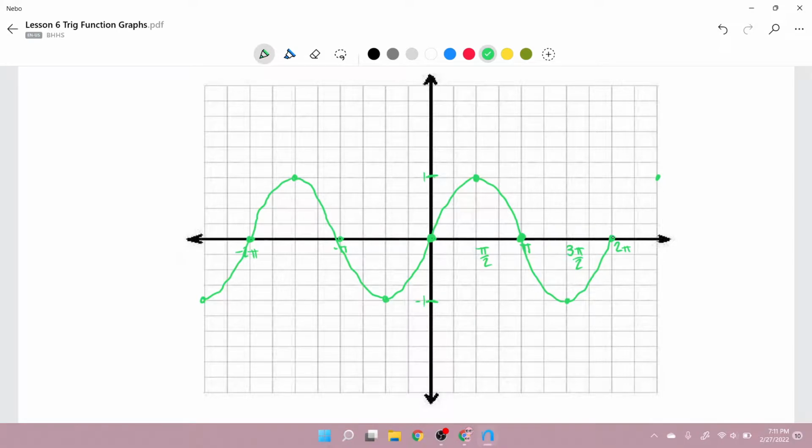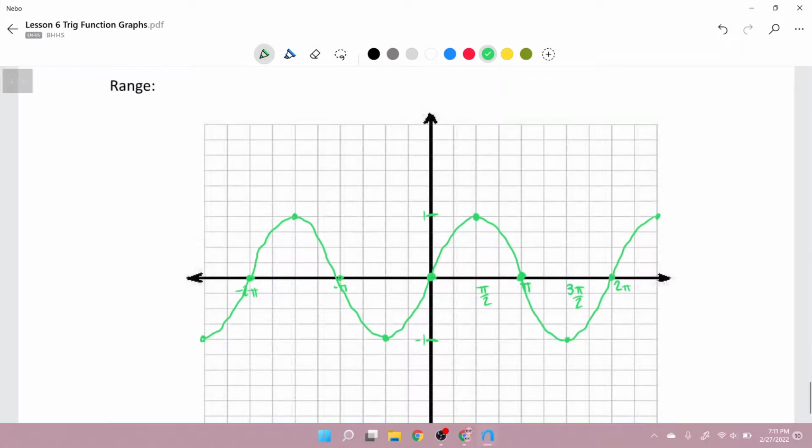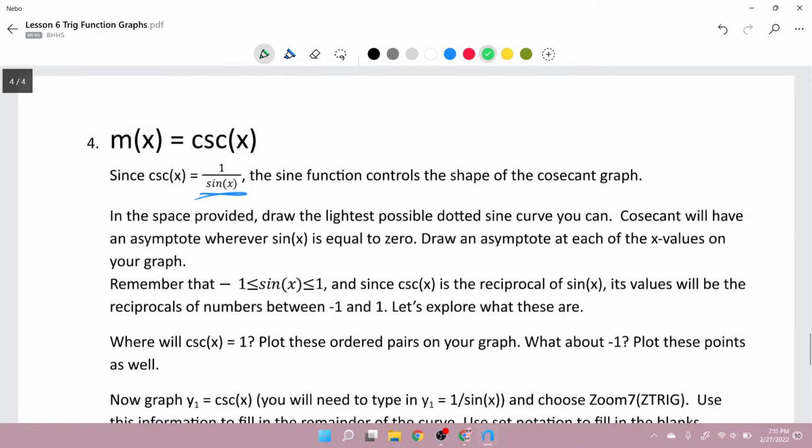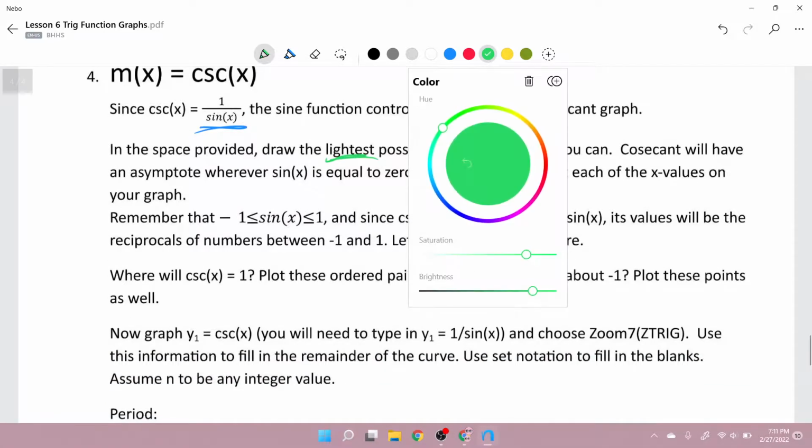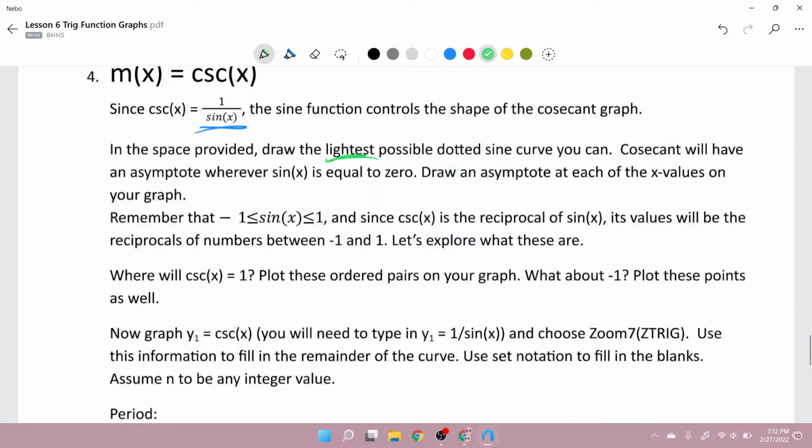Maybe my hand is just too shaky. I don't know. But you get the idea, right? That's our sine curve that we just love so much. Okay. We drew the lightest possible. I don't know if I can change the... Oh man, I can change. Wow. So cool. Anyway, you get the idea.